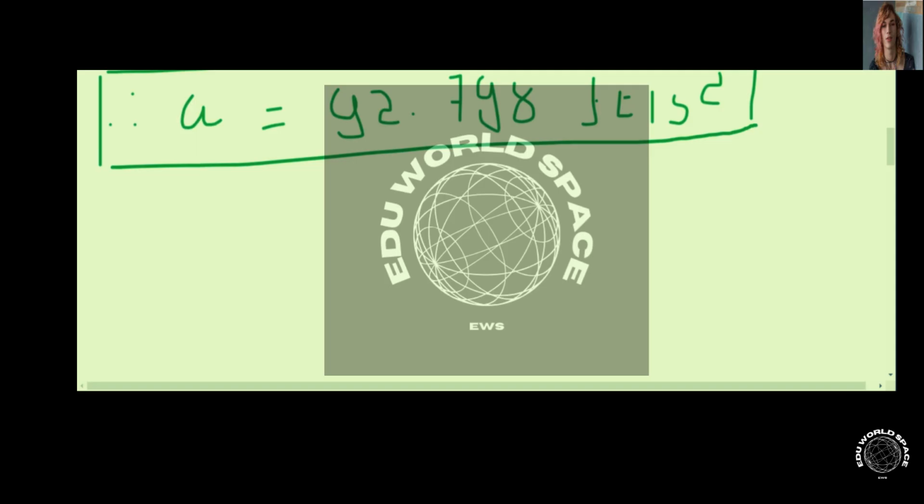Now, the acceleration as the last particle of the fuel is being consumed.